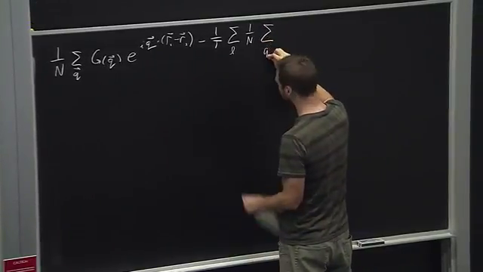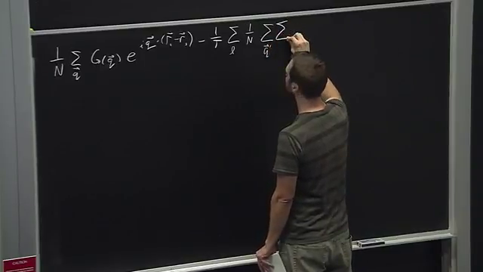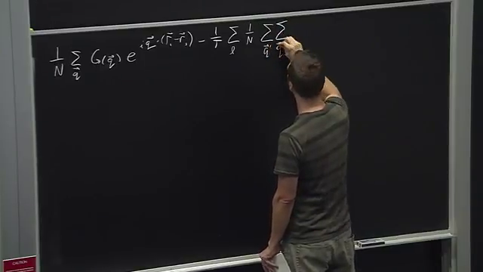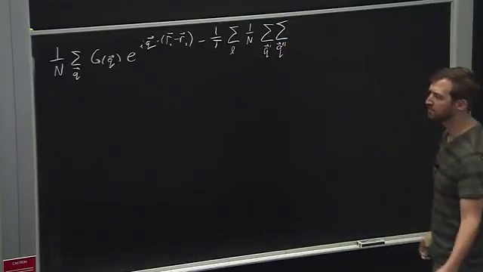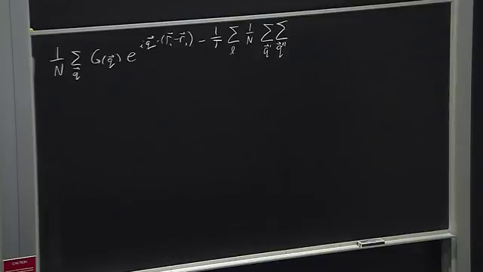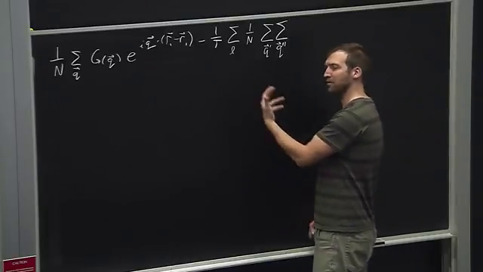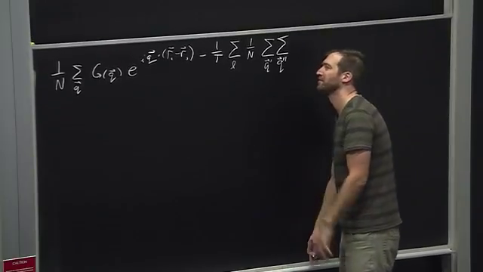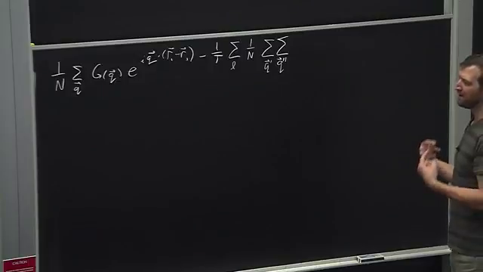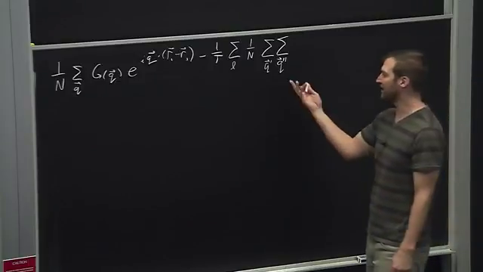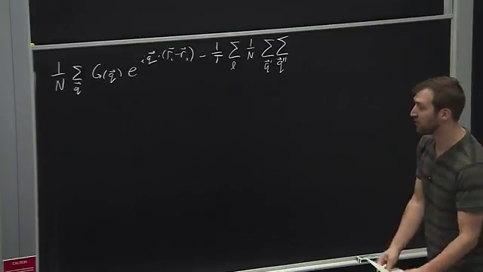So I need two momenta. Let me label them with different labels just to be safe. So I'll do Q prime and Q double prime. And we'll see how many of these unique labels matter. When in doubt, give everything a unique label when you're doing Fourier transforms, and then look how things shake out at the end. Because if you make a wrong assumption that two of these momenta are equal, then you'll basically screw up.